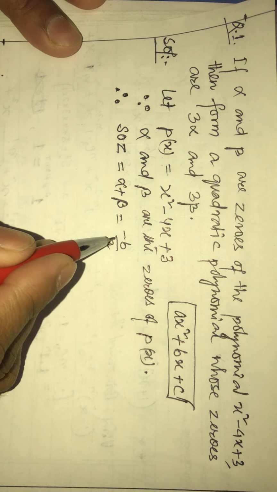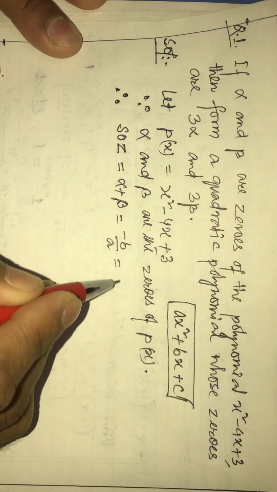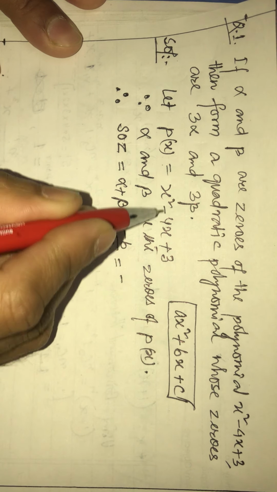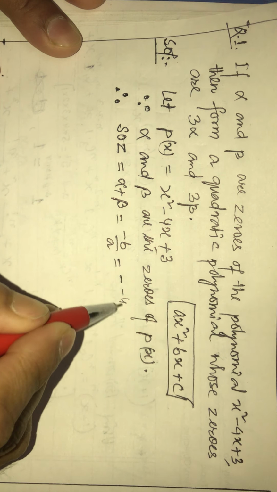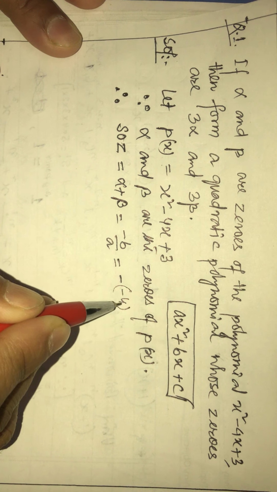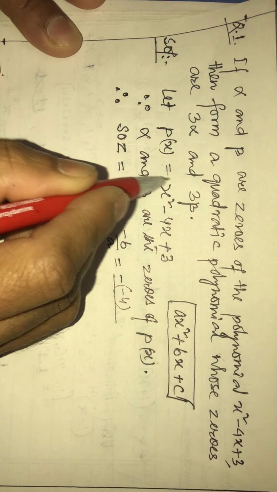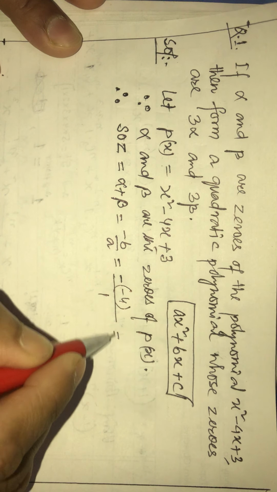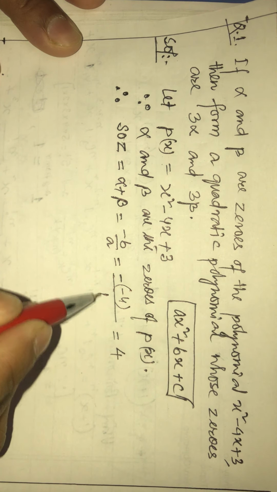So this can be substituted here. Now substituting, we get minus b, and b itself is minus 4, so we keep minus of minus 4. So here you should be careful while keeping this sign. a is 1 again, so we keep 1. So minus into minus becomes plus 4, by 1 we can ignore.